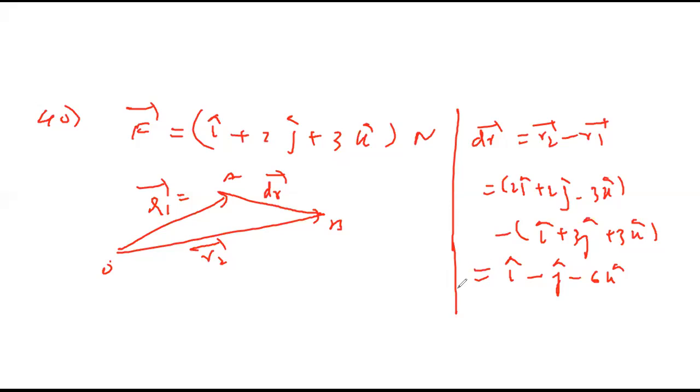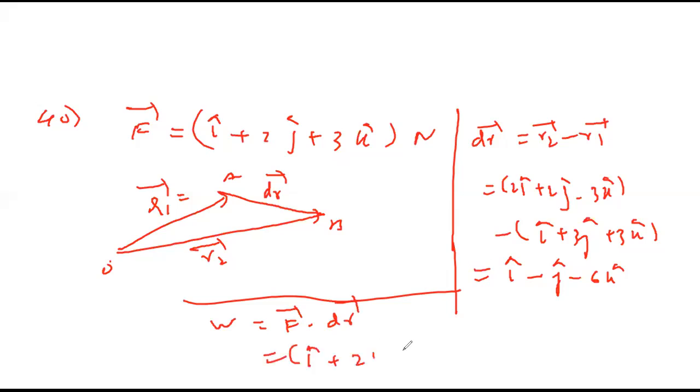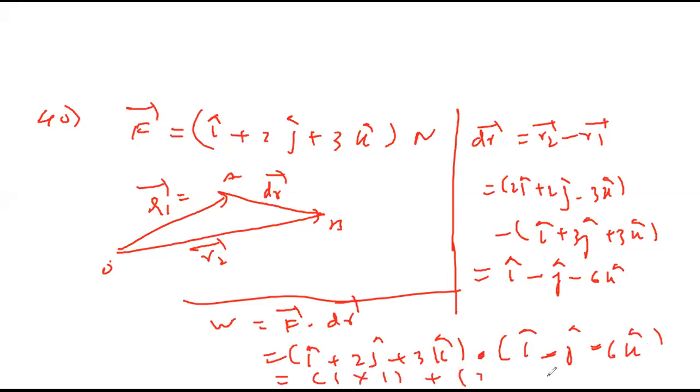Now work done is F bar dot dr bar, which is i cap plus 2j cap plus 3k cap dot i cap minus j cap minus 6k cap. 1 into 1 plus 2 into minus 1 plus 3 into minus 6. 1 into 1 is 1, minus 2, minus 18. So equals minus 19 joule.